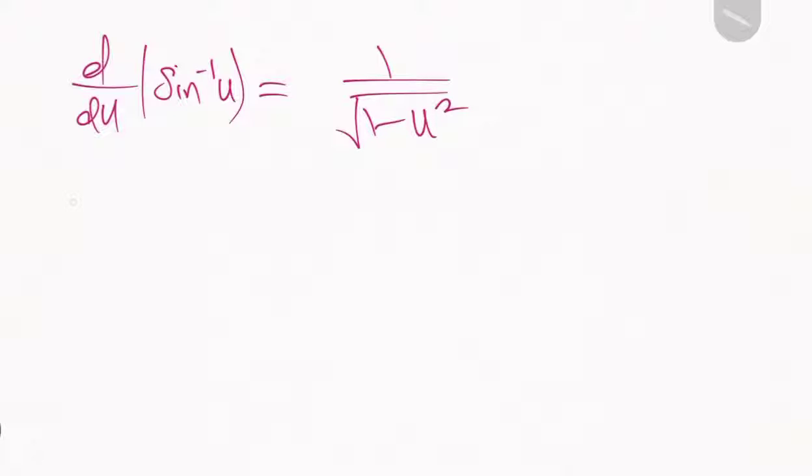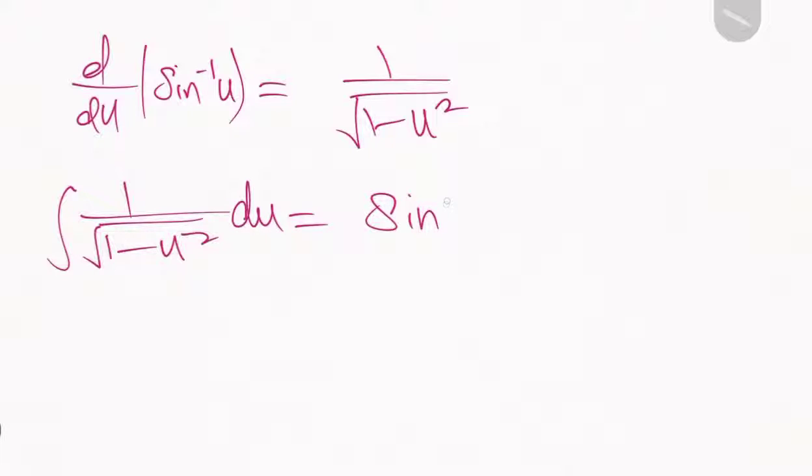That means if we integrate 1 over square root of 1 minus u squared with respect to u, then we have sine inverse of u. Now you could put a little c there, which is a constant of integration.